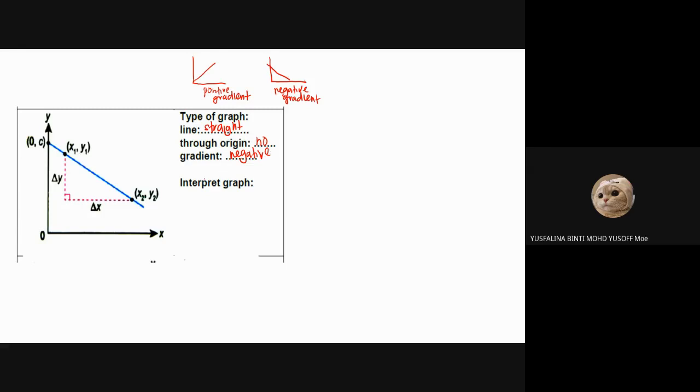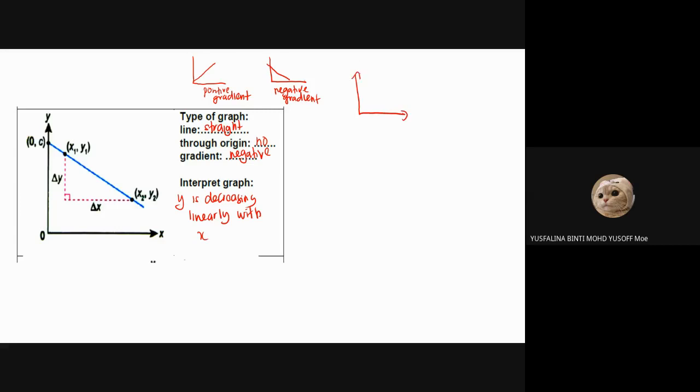If the graph is like this, y is decreasing linearly with x. Decreasing linearly means it's a straight line. Let's say I have an example like this.